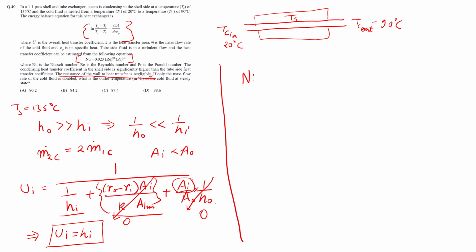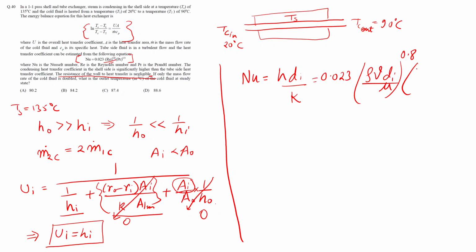The Nusselt number is given as h times the inner side diameter into k, and this is written as 0.023 into the Reynolds number, which we can write as rho V d upon mu, with the inner side diameter, to the power 0.8. Similarly, the Prandtl number will be Cp mu by k. Let's just keep it as Pr only, and this will be to the power 1 by 3.